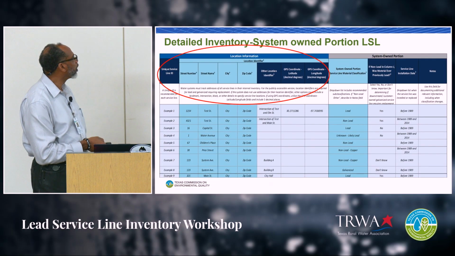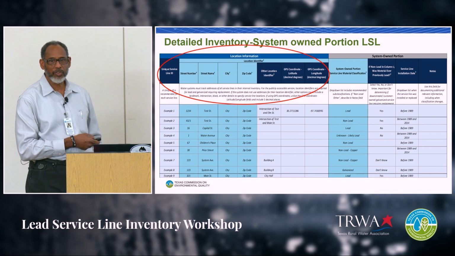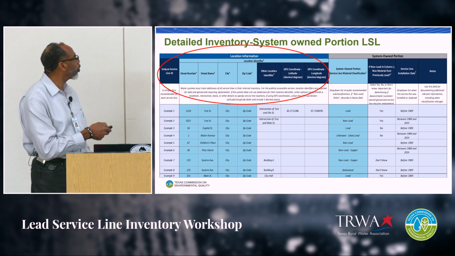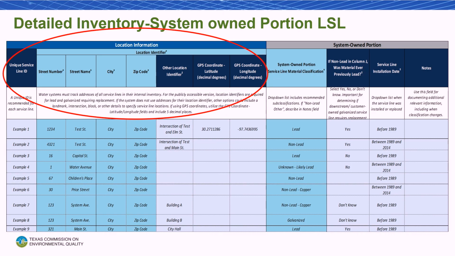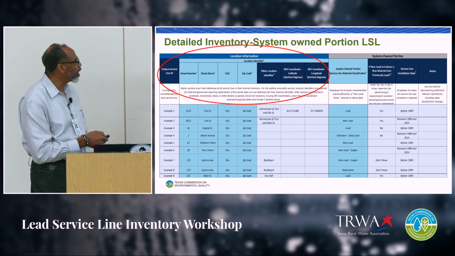Okay. Location information, this is where you're going to put preferably a street or 911 address to locate where the service line is. I do know in some of the rural areas, even though we have a requirement for 911, there are still some locations that don't have a 911 address. So you can put in other identifying information such as latitude and longitude, right here.